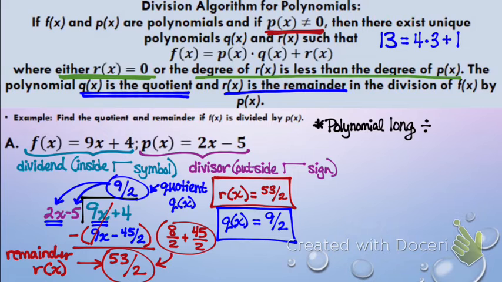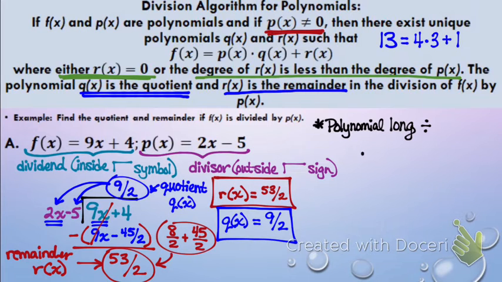And I can check to make sure that I did this division correctly by applying my division algorithm. Our original function, f of x, is supposed to be equal to the product of p times q plus my remainder. Let's go ahead and verify that we did this correctly.